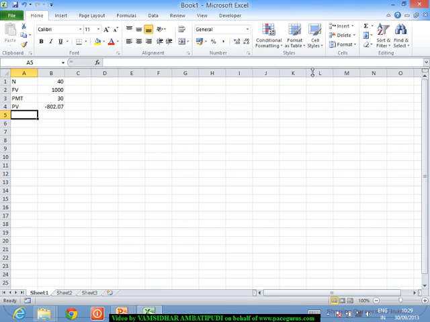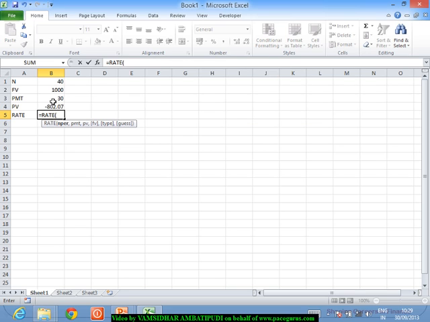Now, when I am computing the I/Y, which is nothing but the YTM, the computation of I/Y by taking these 4 values will give me the YTM for the bond. So what is the YTM for the bond? The number of periods is 40, the PMT is 30, the present value is minus 800, and the future value is 1000.